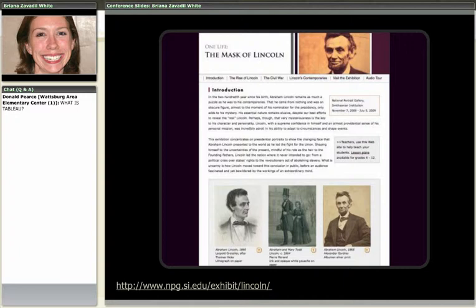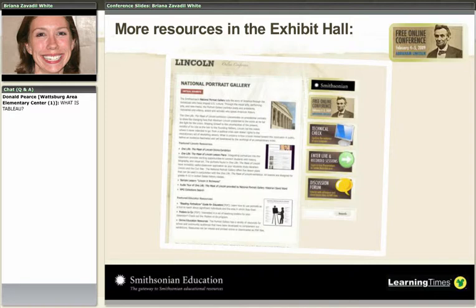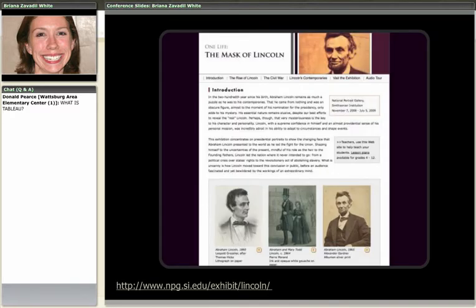So there is a link, I believe, in the Portrait Gallery's exhibit hall of our NPG collection search. And if you search Abraham Lincoln, you'll come up with all of the images that we own. And again, there are so many great ones. And if you decide that you want to do a timeline activity, as I mentioned earlier, see some of the images that are up and use those for your timeline activity.